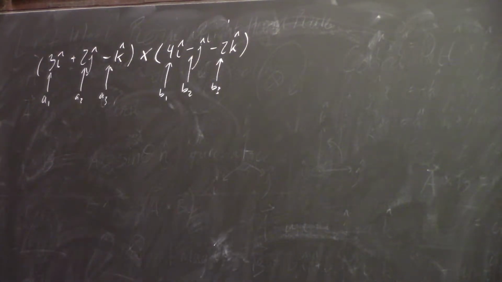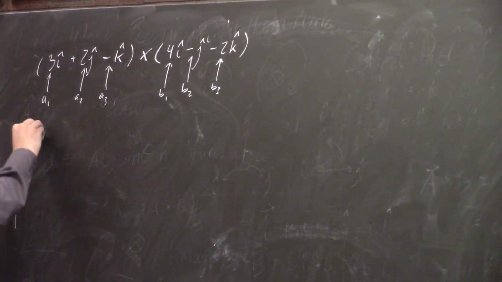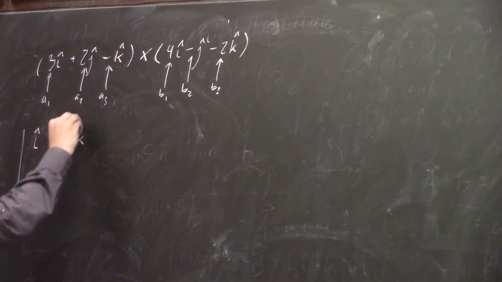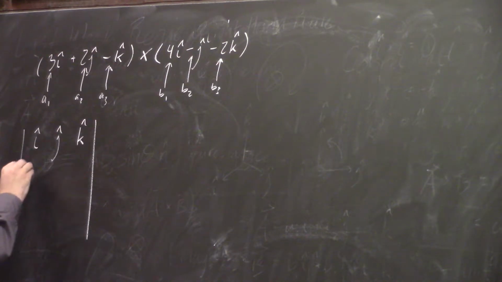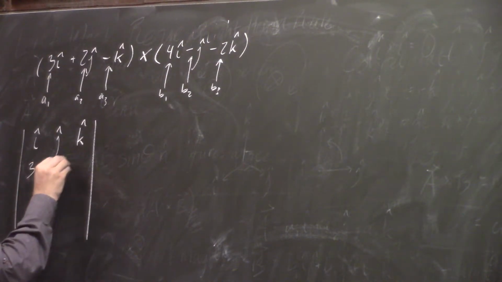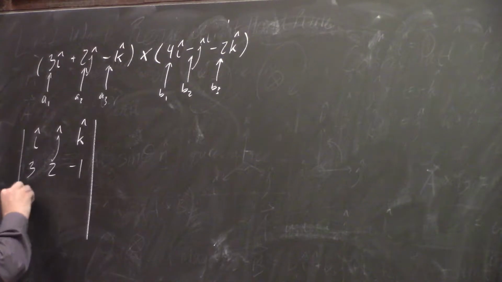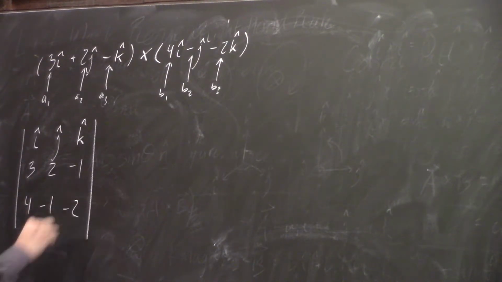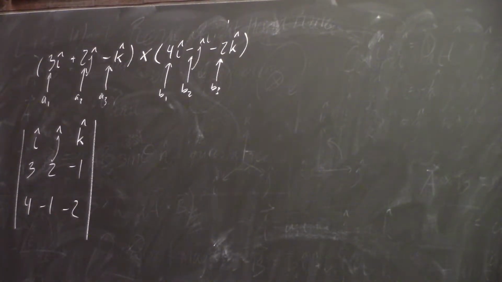Okay? Now, I'm just going to rewrite it as this guy here, as 3, 2, negative 1, 4, negative 1, negative 2. All right?